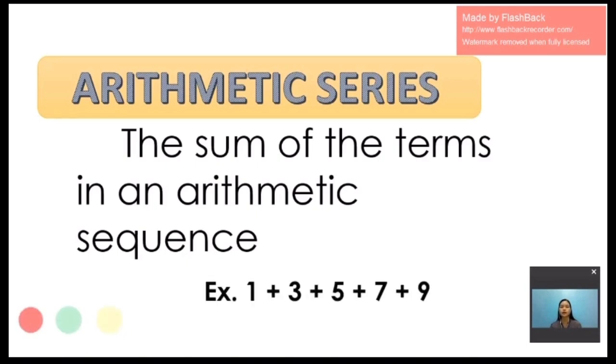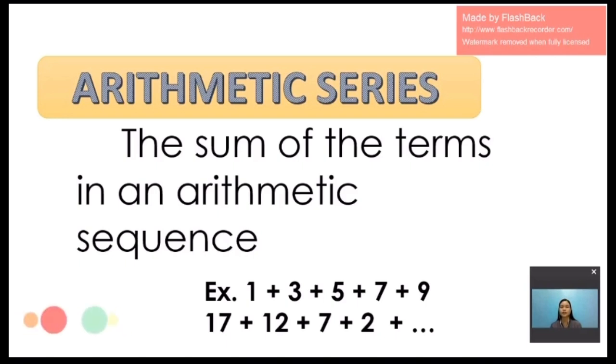Example, you have 1 plus 3 plus 5 plus 7 plus 9. Another example, you have 17 plus 12 plus 7 plus 2 plus and so on. If you analyze the given examples, the terms here come from arithmetic sequences since there is a common difference. And as you can see, the terms are separated by a plus sign.